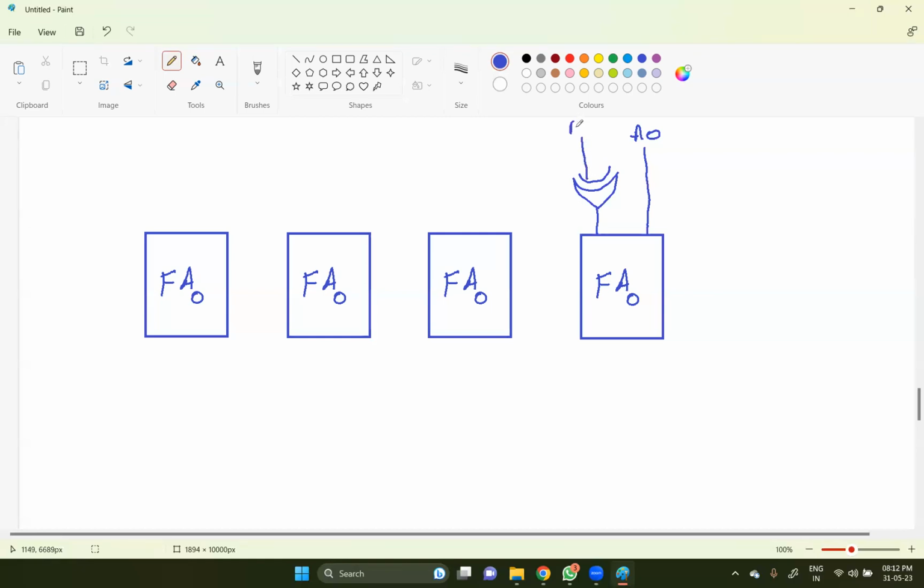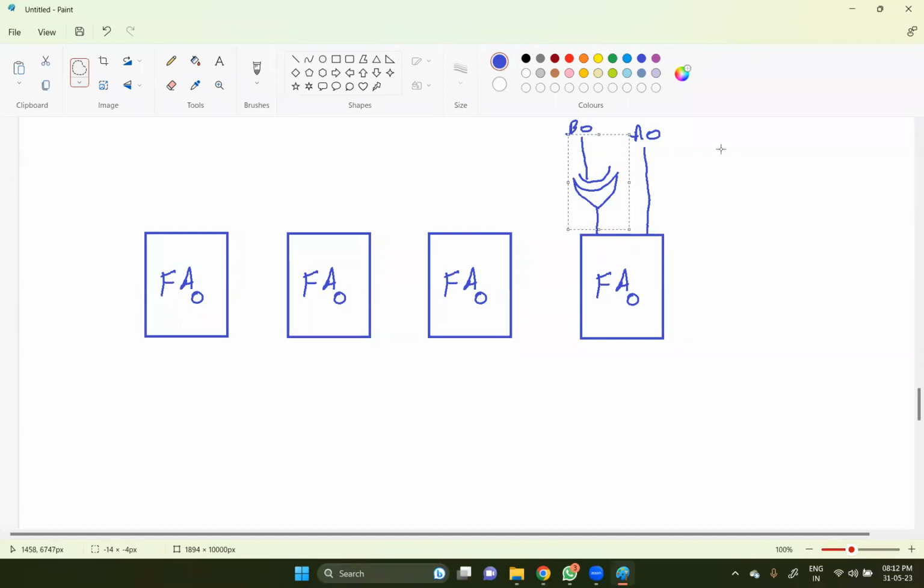This is B0 actually. As I told you, the second input of that particular gate will always be 1. Let me draw that some other time. Wait for a while, I would like to draw that particular thing later. So let me copy this one for a while.